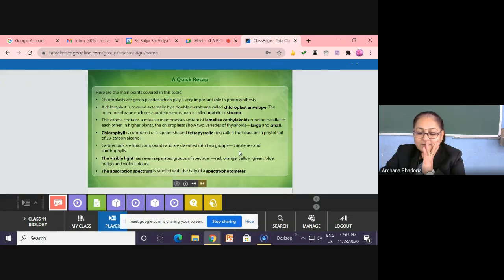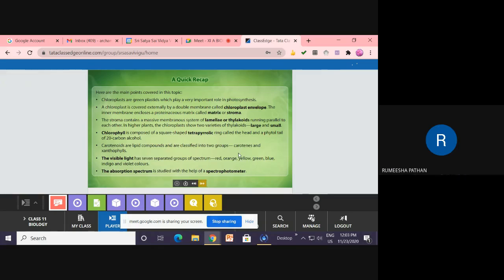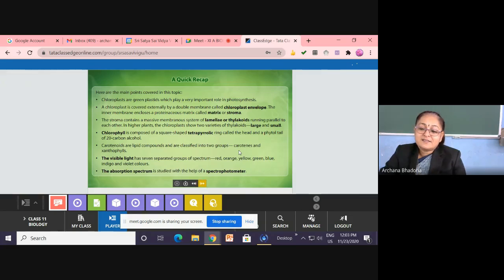Ma'am, I have not noted the carotene one, but I have noted the xanthophylls one. Why are you leaving things out? Why are you not doing it in a proper organized way? Don't write sentences, just put the subheading and keep writing after it. How much time does it take? I said you should also note the color. Shravani, what is the color of the carotene?